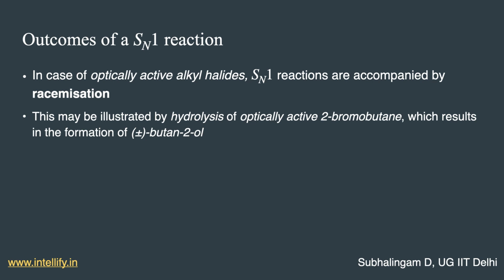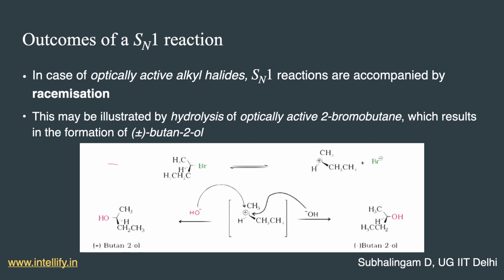This may be illustrated by hydrolysis of optically active 2-bromobutane. 2-bromobutane hydrolysis is SN1 because the solvent is polar protic. So it results in formation of plus minus butane 2-ol. So this is the reaction mechanism. What happens exactly?